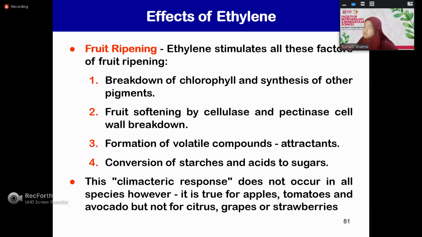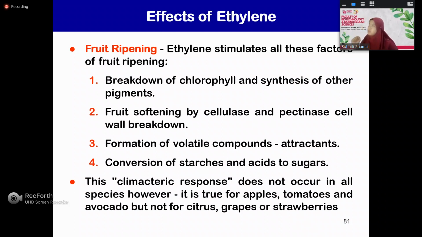And climacteric fruits can also be induced into fruit ripening even after harvesting. So basically, when you harvest a fruit which is not mature yet, you pluck it and put it somewhere, and then you can supply ethylene to it, or you can envelope it so that more ethylene would be produced. And this is what we call climacteric fruits.